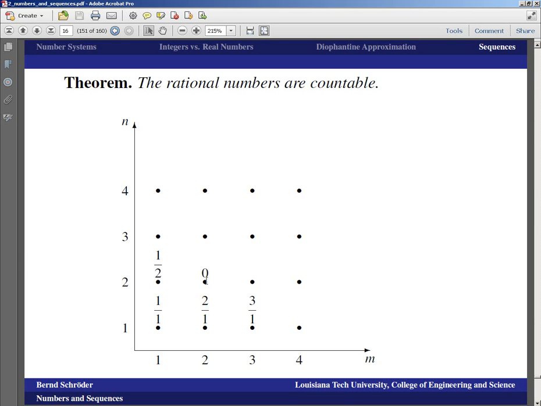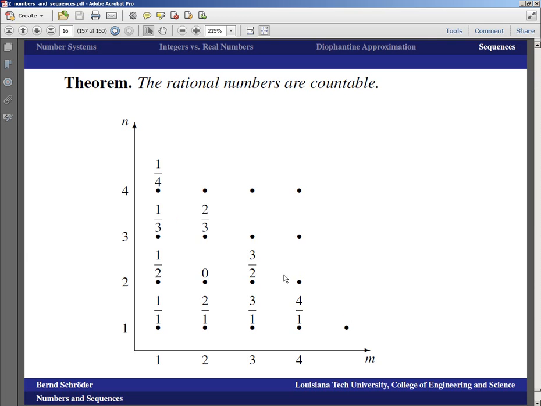So I'm going to use the spots where it repeats to count stuff that I haven't counted yet. So I would put 0 here. Here's 1/3. 4 over 1 we haven't counted yet, so 4 over 1 goes here. 3 over 2 we also haven't counted yet, so that goes here. 2/3 we haven't counted yet, goes here. 1/4 we haven't counted yet, goes here. And so now here, of course, would be 5 over 1.